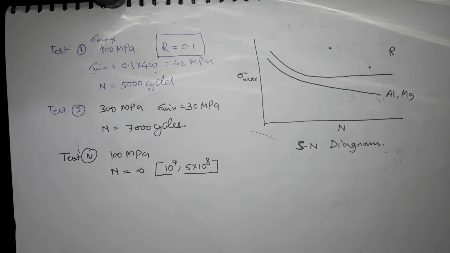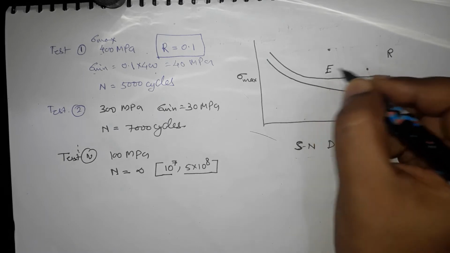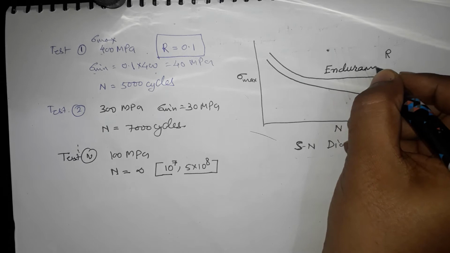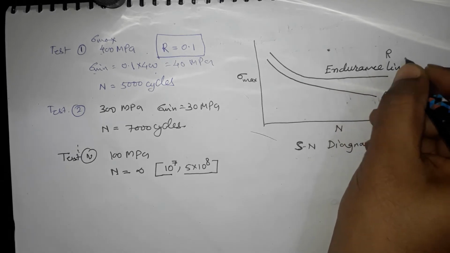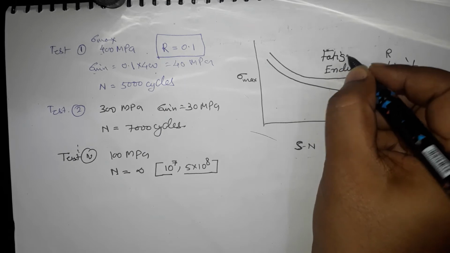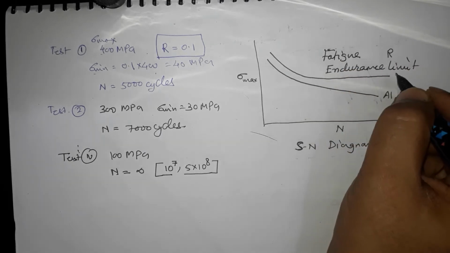And that stress has been called in literature as fatigue limit or endurance limit. So it is also called fatigue limit, meaning that this is the limit beyond which the fatigue loading will not affect the material at all.